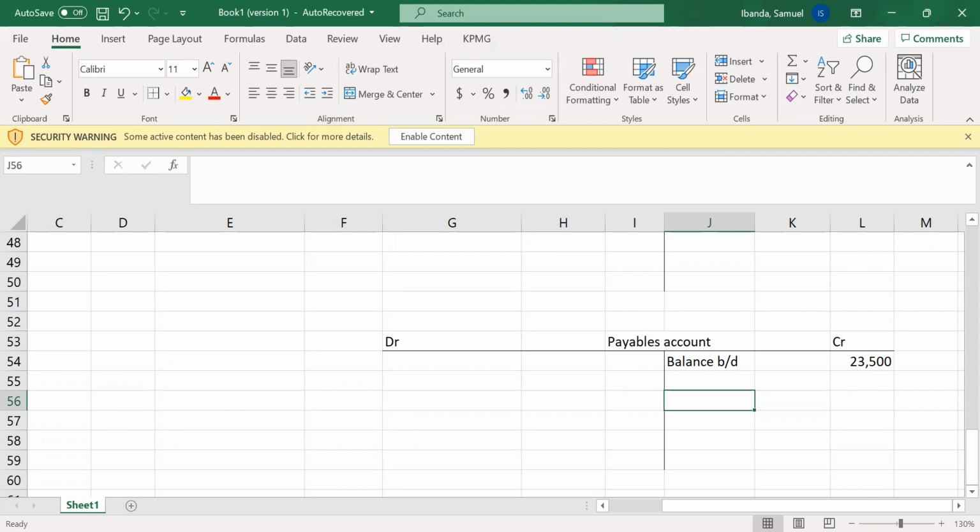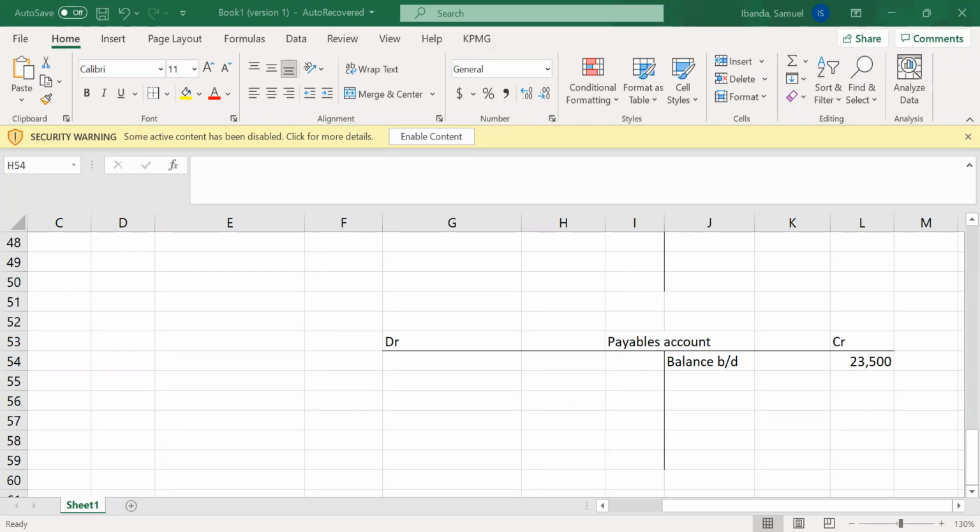So more like the partner is going to settle on our behalf.